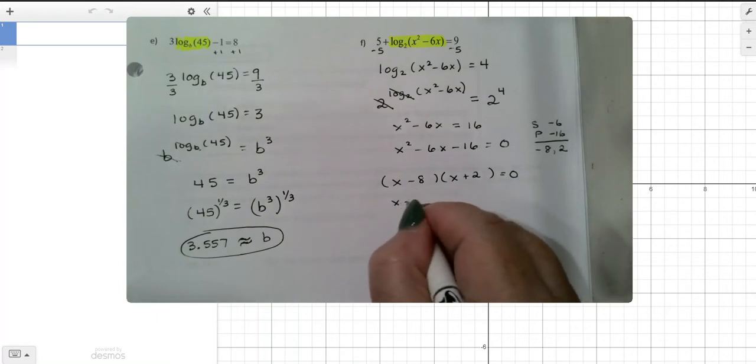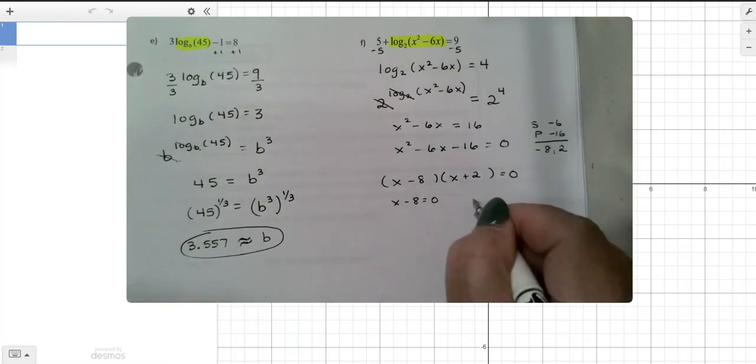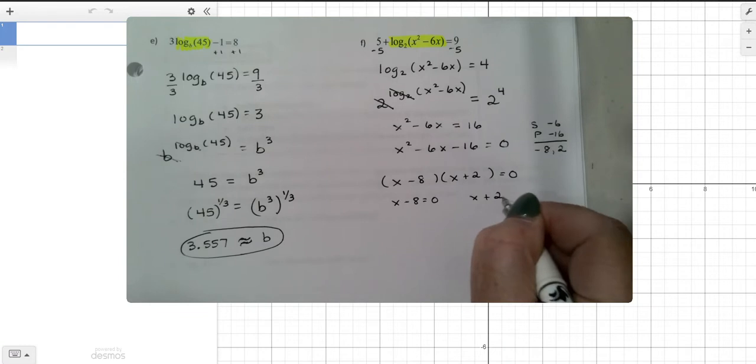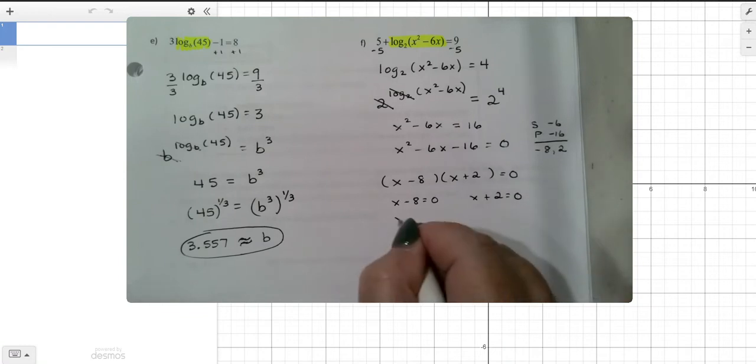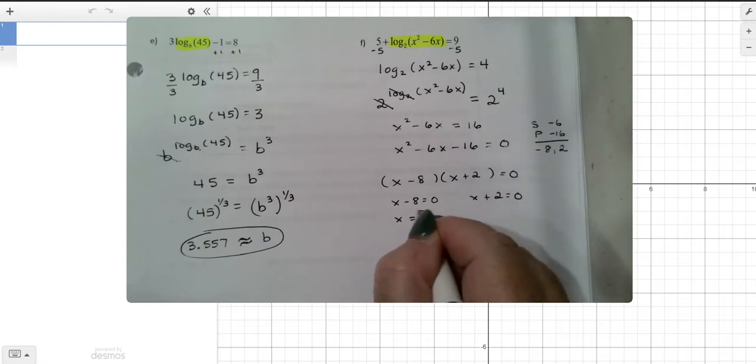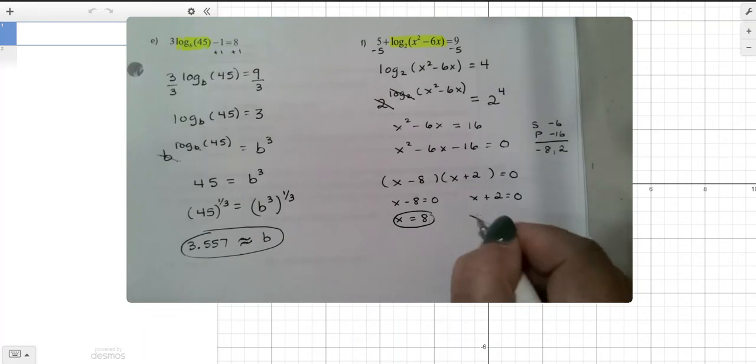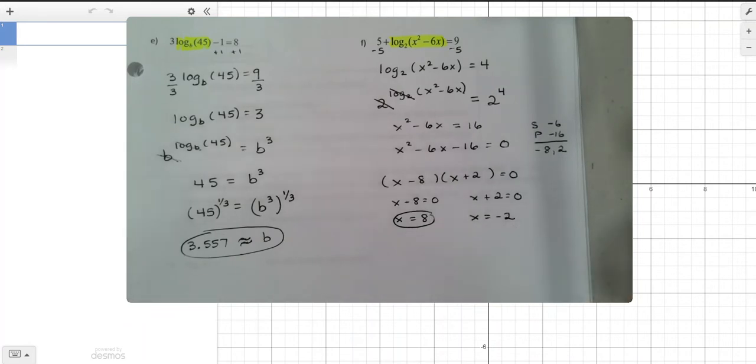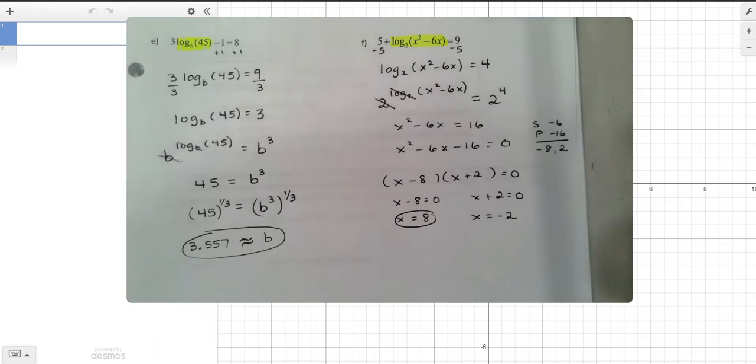So I either have x minus 8 equals 0, or I have x plus 2 equals 0, and x equals 8, or x equals -2. I've been getting positive answers, so I haven't worried too much, but I probably should check that -2 and make sure that it's going to be okay.